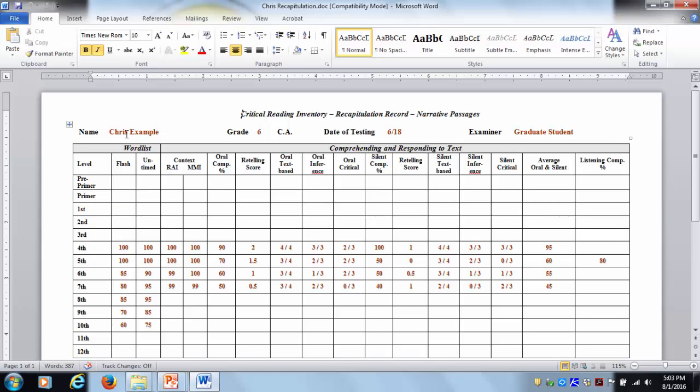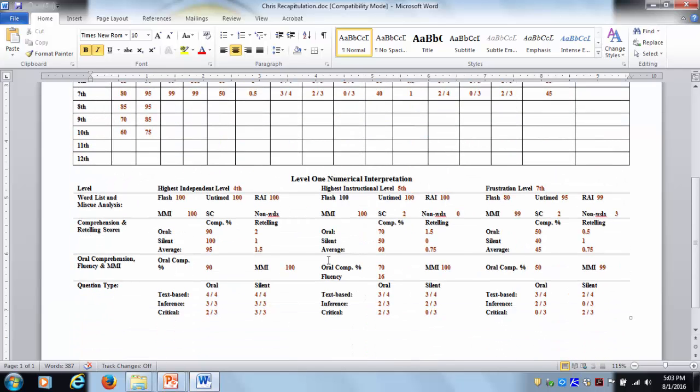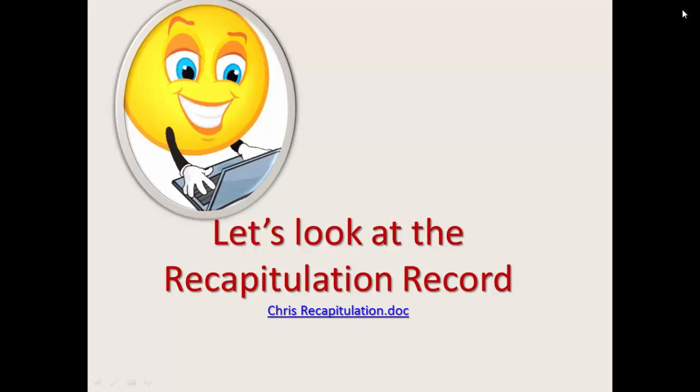Noticing that we have a student who is in 6th grade, all right? Here we have all the results from 4th, 5th, 6th, and 7th grades, but notice we're going to look a little bit in this presentation at level 1 numerical interpretation.